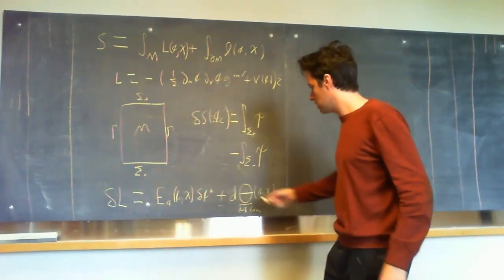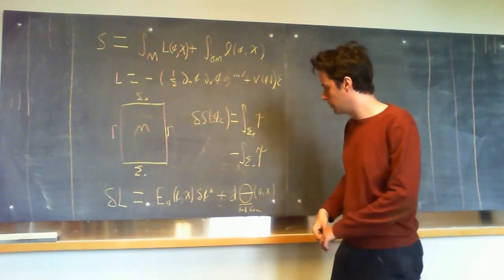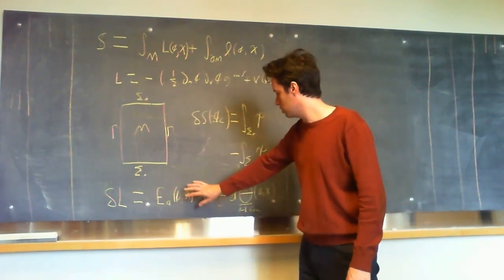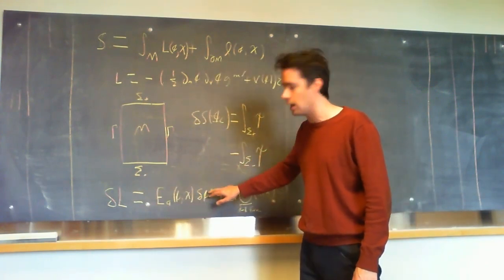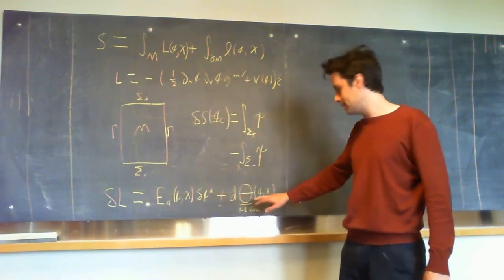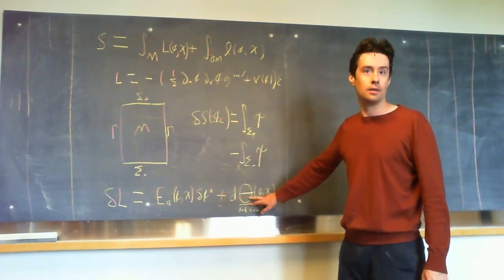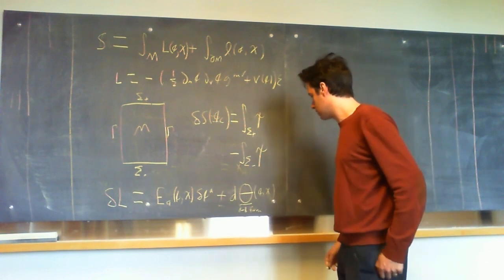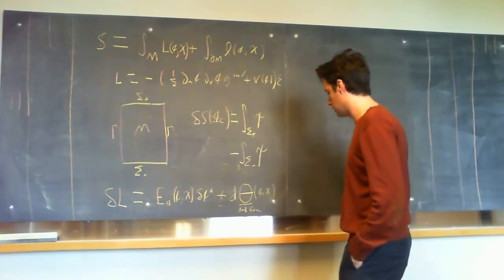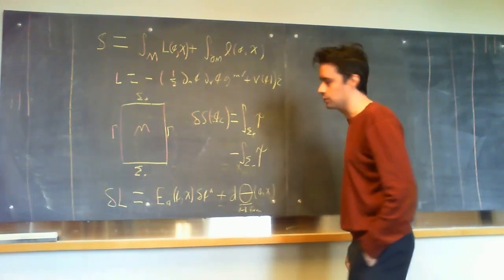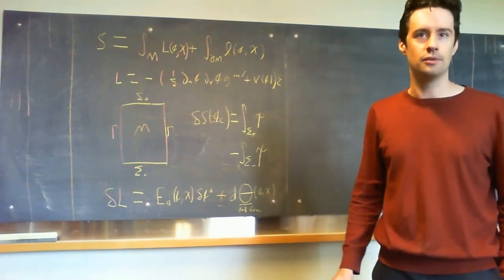By doing that, you show that the variation of L has a unique term with a delta phi with no derivatives, and then d of theta. This theta is called the symplectic potential.